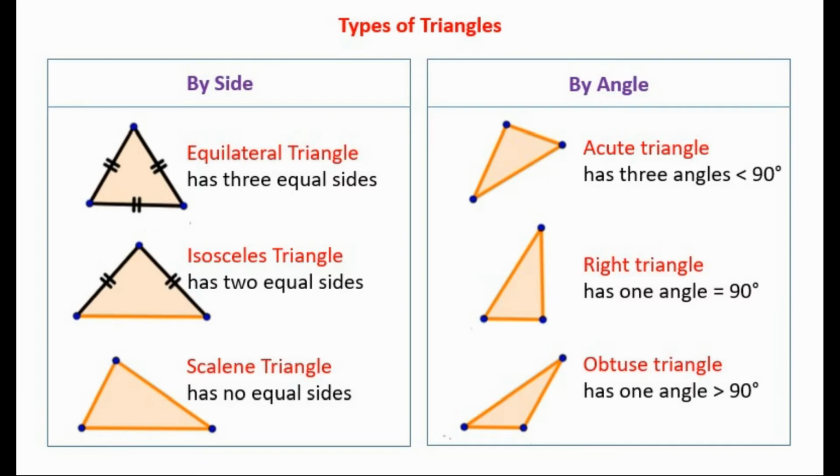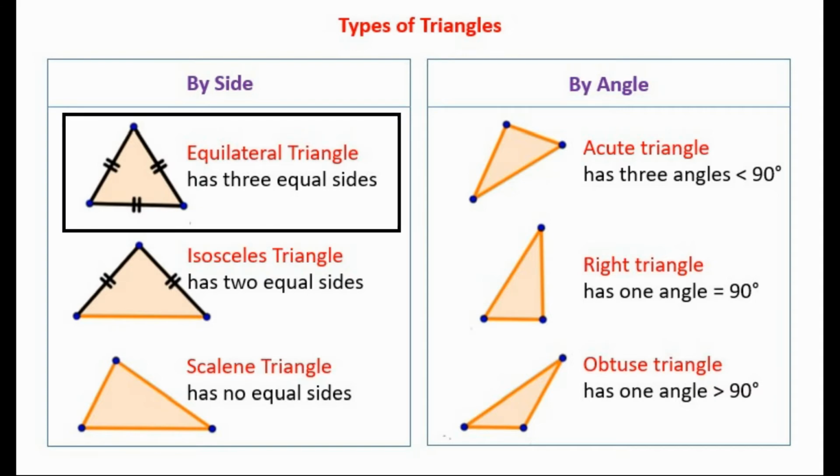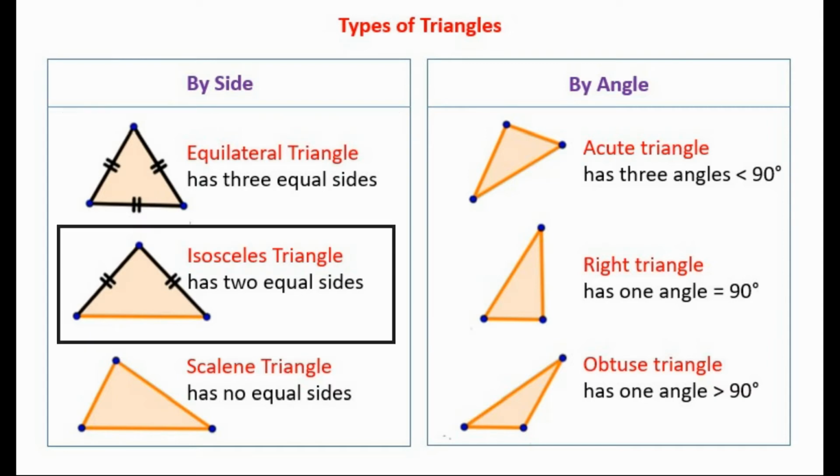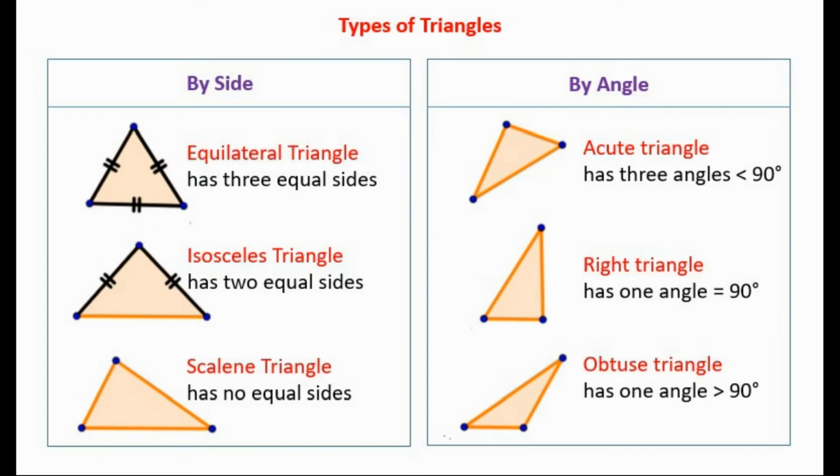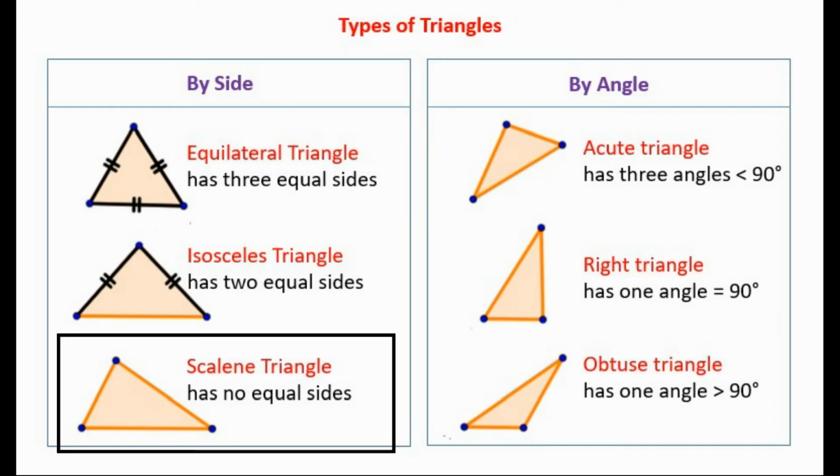There are two types, by side and by angle. By side, we could have equilateral triangle, which has three equal sides, isosceles triangle, which has two equal sides, and scalene triangle, which has no equal sides at all.